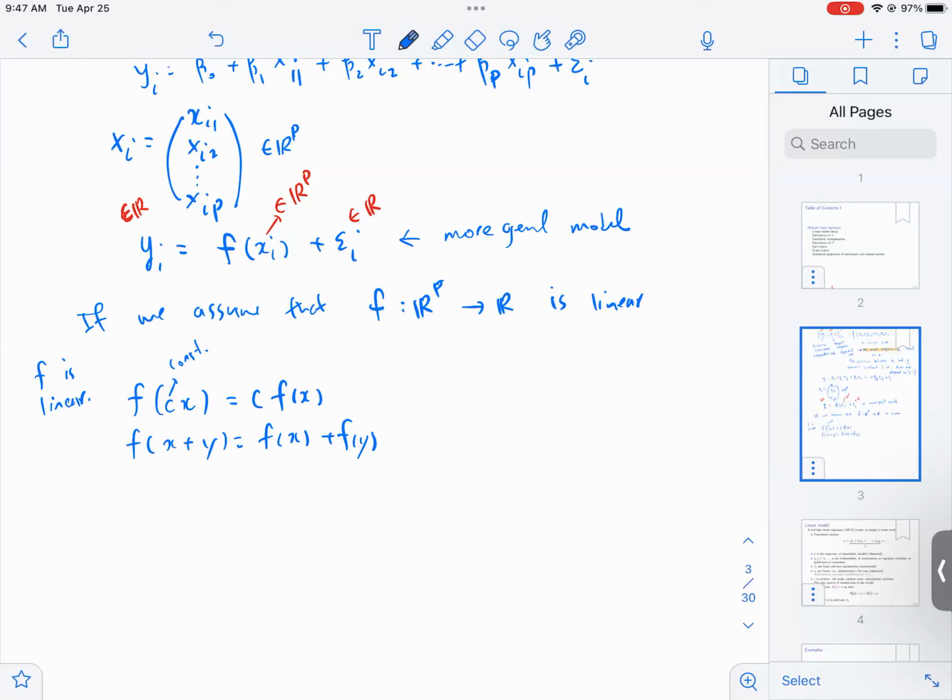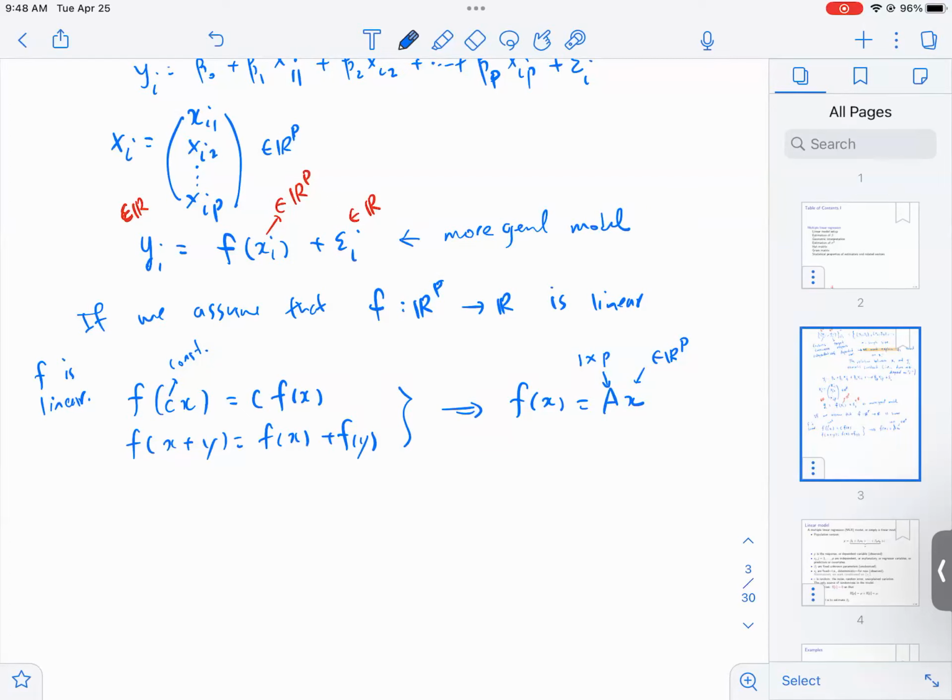Okay, from this, it follows that f can be written as a matrix times x. In this particular case, because x is in Rp and the output has to be in R, what will be the dimension of this A? It's just in R, so it would be 1 times p.